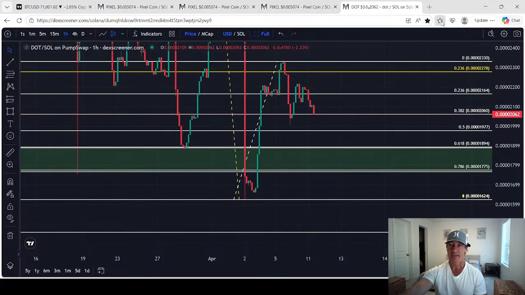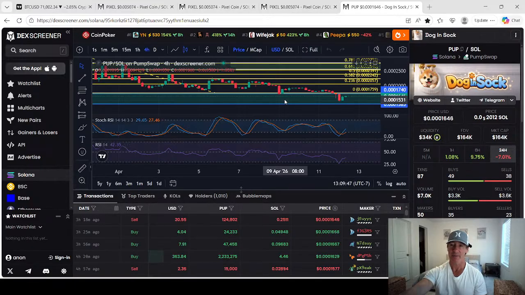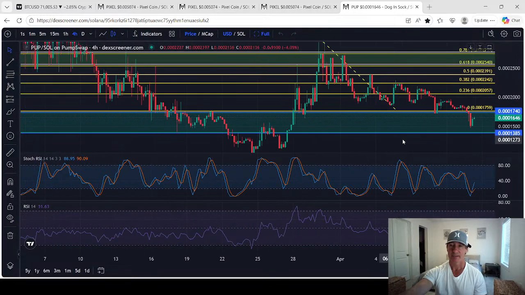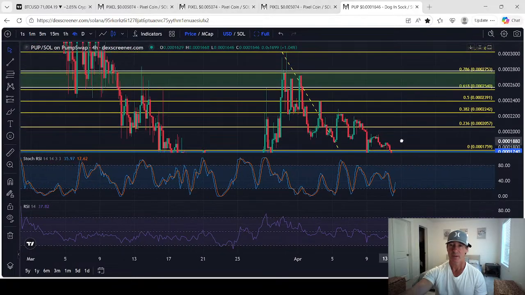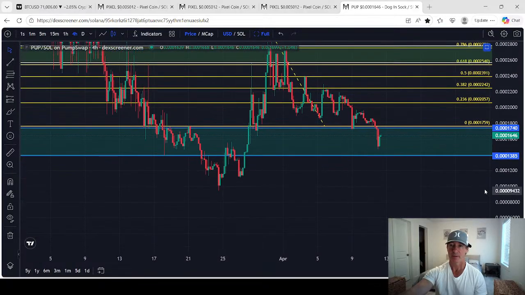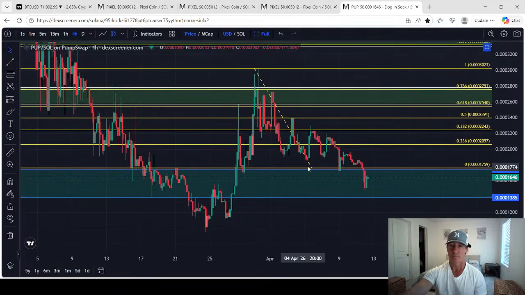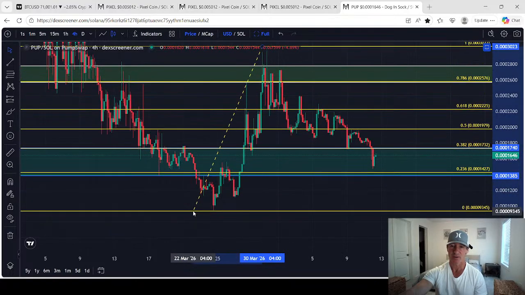Let's see. We'll go ahead and look at the last one right here. We'll look at Dog and Sock, which is a 164K market cap. Go ahead and look at the levels. And so, broken this low right here. I thought we might bounce from, but this down into should be our 618, 786 zone.